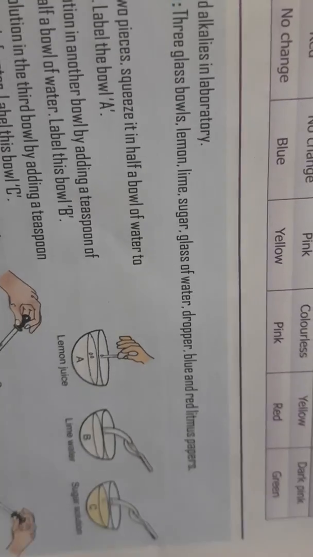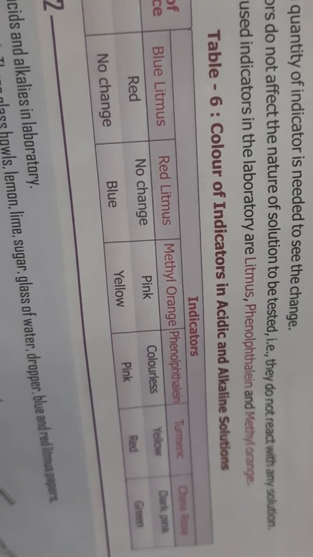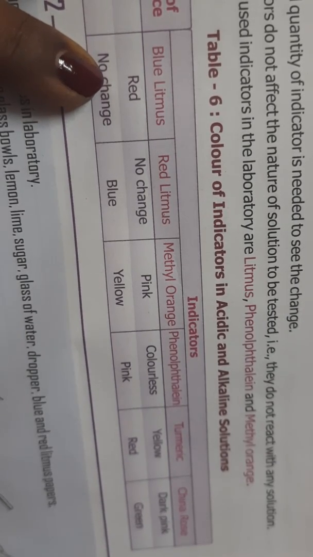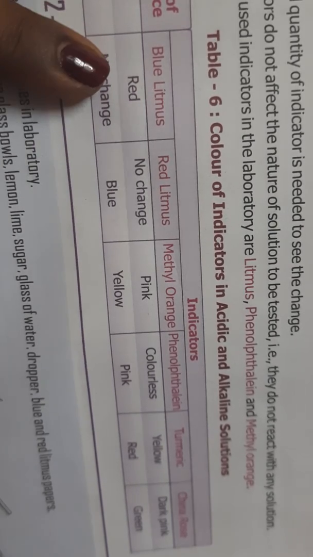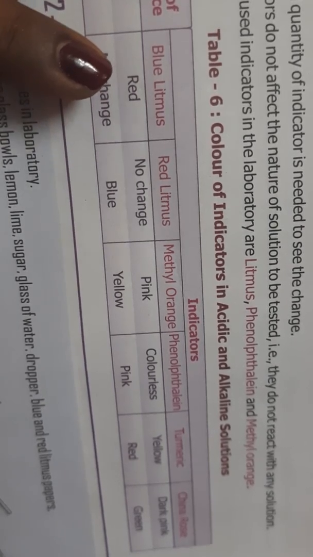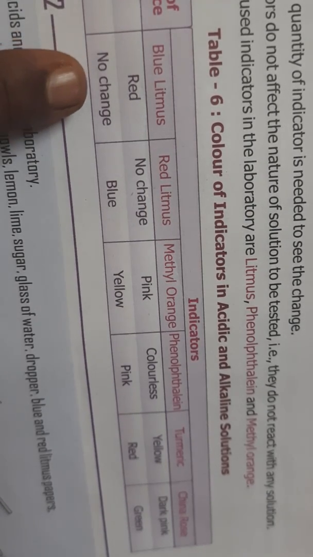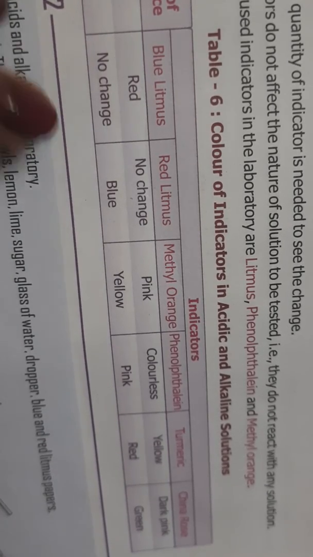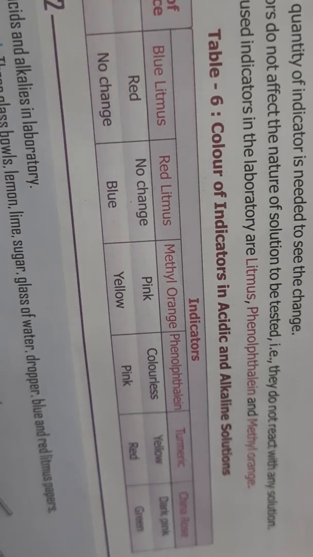See, here in the table it is given: acids on blue litmus paper will turn it red in color. If there is a base, the base will change red litmus into blue. Okay, so we will see how it does.